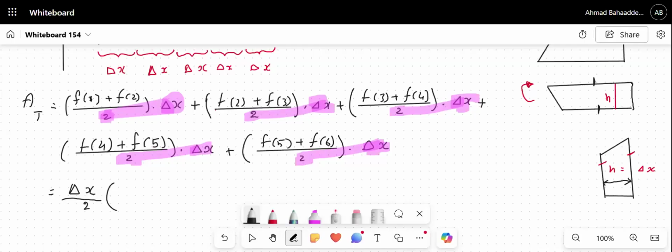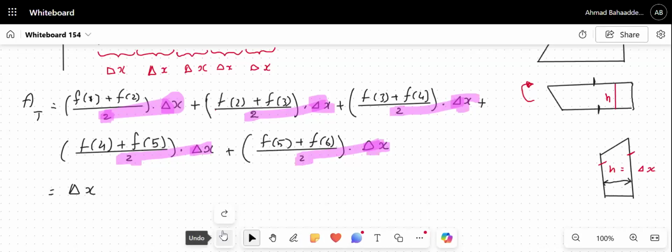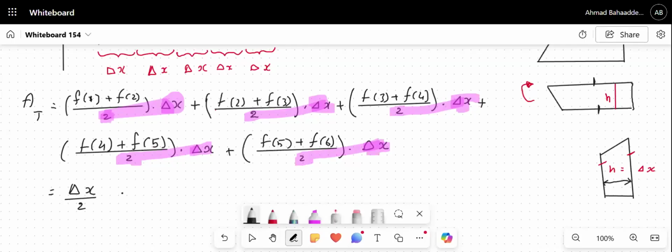Let me just repeat writing this down nicer, guys. So now this is going to be f of 1 plus f of 2 plus, for the second bracket, f of 2 repeating plus f of 3, then f of 3 is repeating, so another f of 3 plus f of 4.